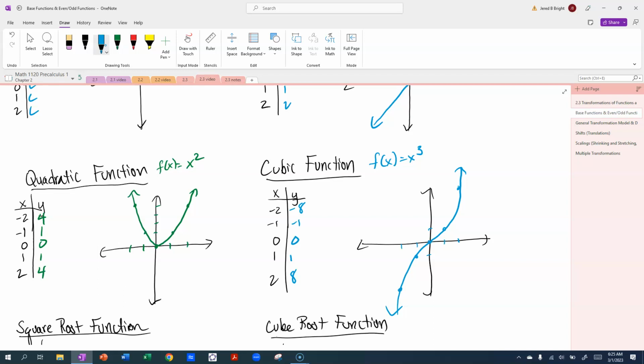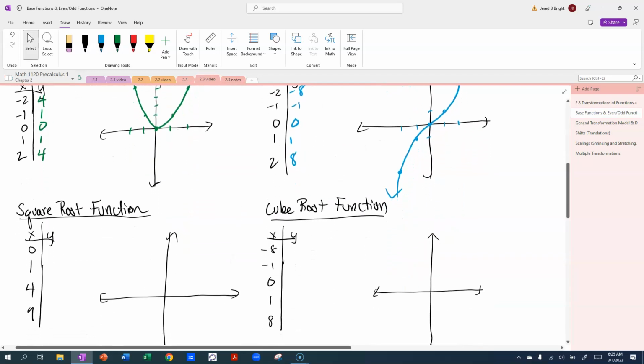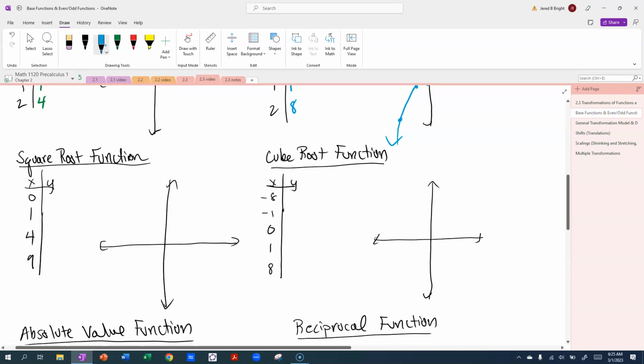It looks like a snake. Square root function. This base graph is just f of x is equal to square root of x. The domain here, we have to have all x greater than or equal to 0, so we don't have to worry about negatives. If I substitute in 0 for x, I get 0.